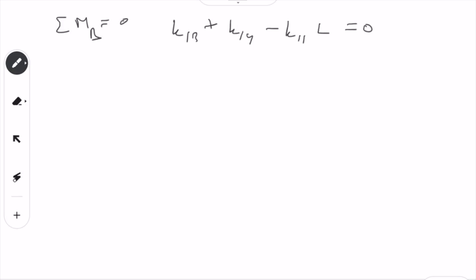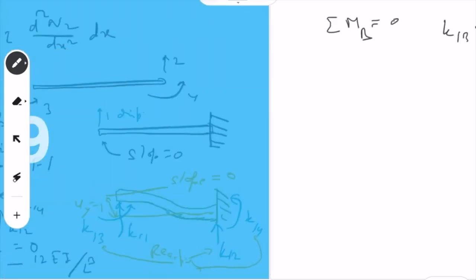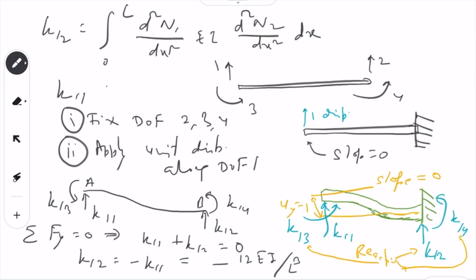Yes, this is the total moment. There is no moment because of K12, because we are taking moment about this point and K12 passes through that point. This is clockwise, so minus; this is anti-clockwise, hence both plus.